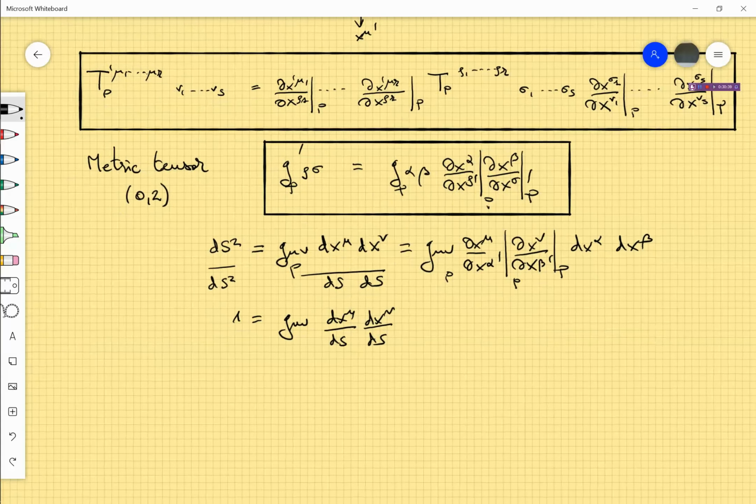Remember that one of the interpretations or one of the properties of the proper time is that it is equivalent to the interval along this world line, if this is a world line. But in general, we just write this thing, okay, dx squared, so this.